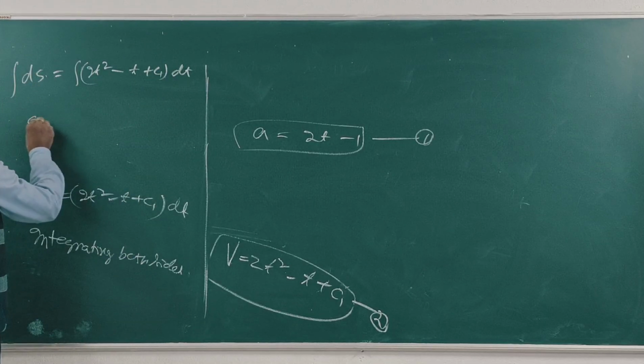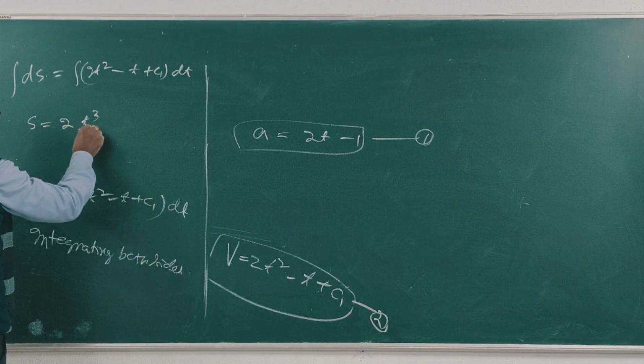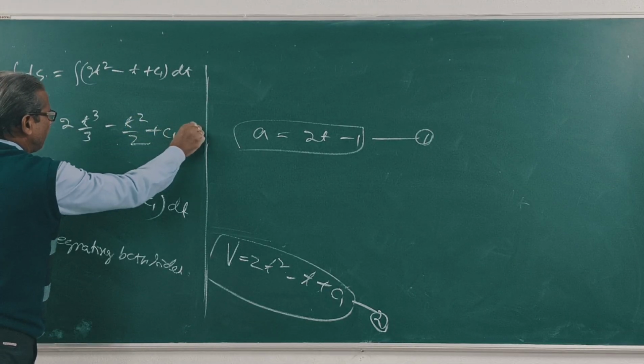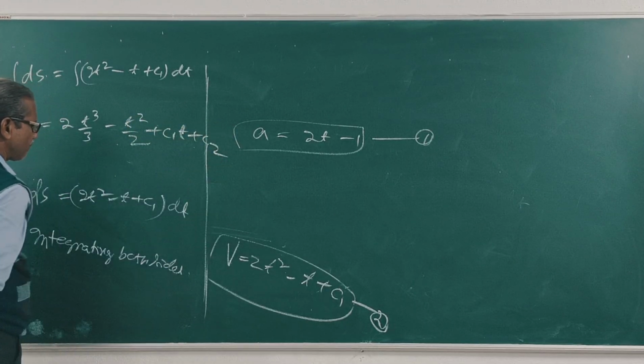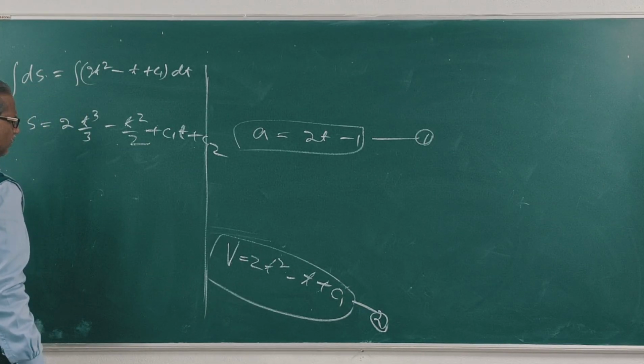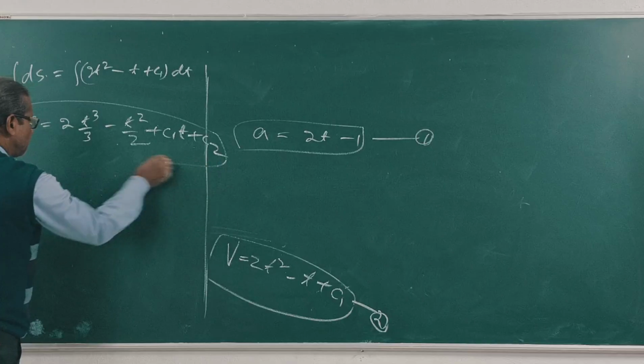What is s is equal to 2 t cube by 3 minus t square by 2 plus c1 t plus c2, right? This is the equation for displacement, equation 3.